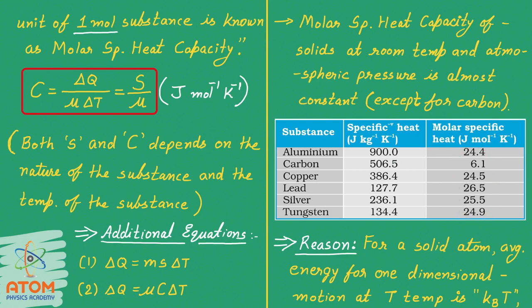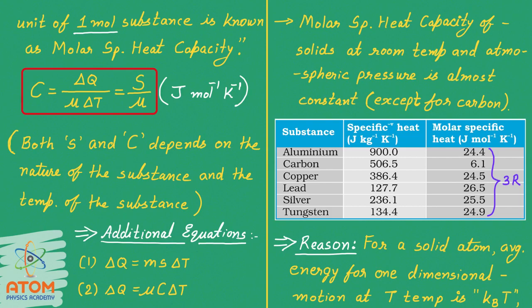You can see all of these molar specific heat capacities are almost the same except for carbon. See, the values are like 24.4, 24.5, 26.5, 25.5, 24.9 and so on. And an even more surprising thing is that all of these values are nearly equal to 3R, where R is the universal gas constant.